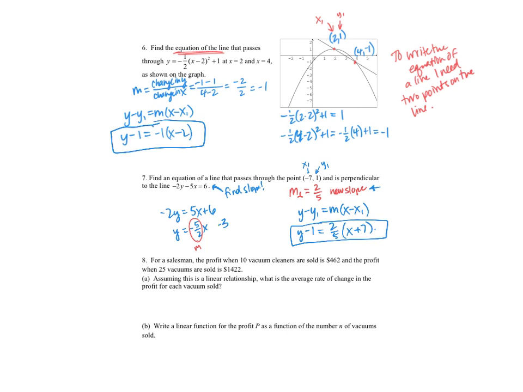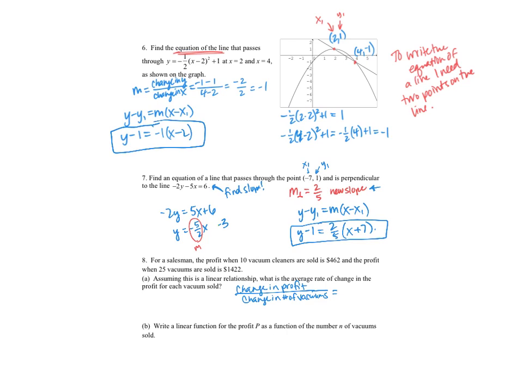This one says, for a salesman, the profit when 10 vacuum cleaners are sold is $462, and the profit when 25 vacuums are sold is $1,422. We are told to assume this is a linear relationship, and I want to find the average rate of change in the profit for each vacuum sold. So to find the average rate of change of profit, I'm going to do change in profit over change in the number of vacuums sold.